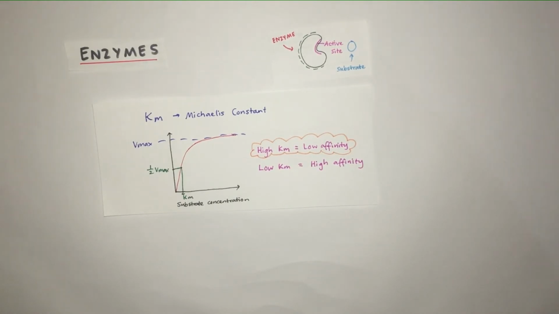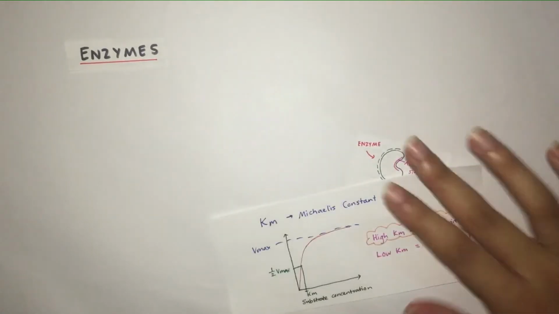You don't really need to know all the maths behind how the fact that half the Vmax is equal to the Km was derived, but I would just remember that a high Km means that it has a low affinity.